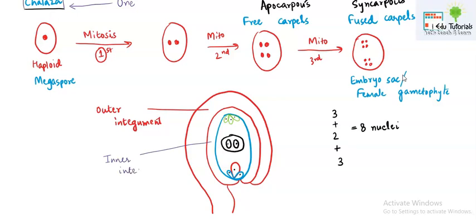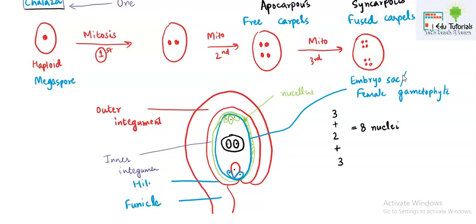These integuments are actually the walls. And just on the outer side of the embryo sac, this part which is green in color will be named the nucellus, and of course the central position will be the embryo sac. This portion here will be known as the funicle. This region will be known as the hilum.